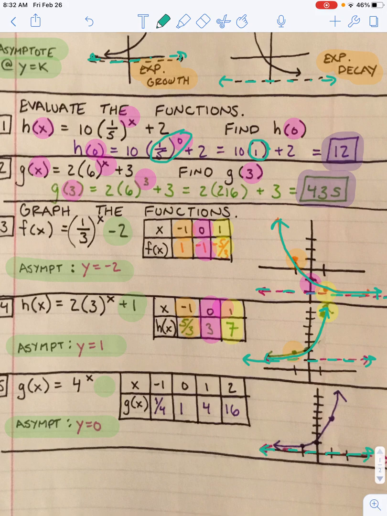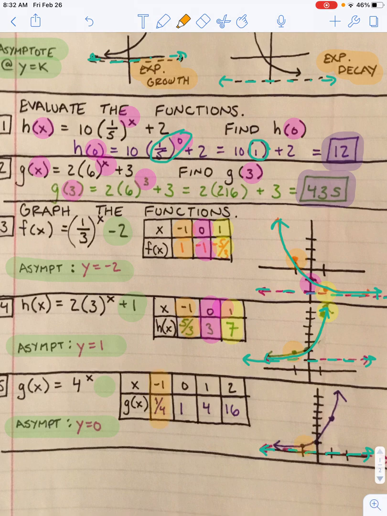Okay, now I've plugged in a few extra points here. No big deal. So we have 4 raised to the negative 1 first. So remember, anytime something's raised to the negative 1, it flips it over. So this is really 4 over 1. So 4 over 1 flipped over becomes 1/4.